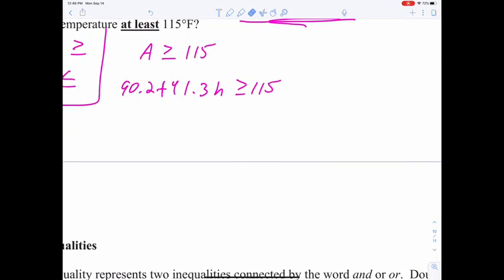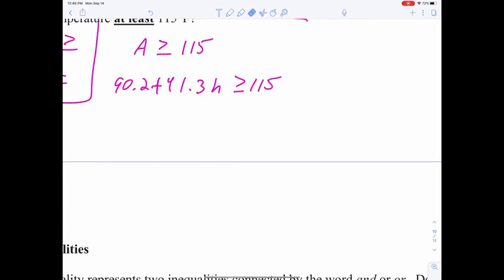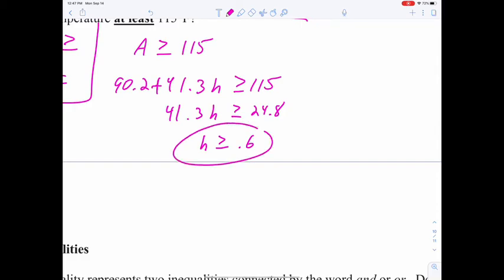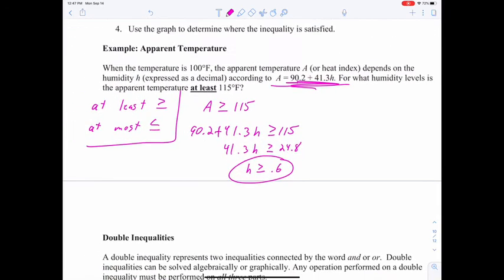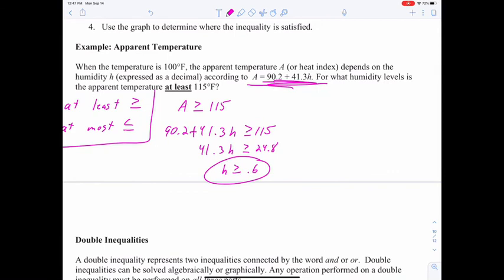All right, so we'll subtract 90.2 from both sides, which is 24.8. Divide both sides by 41.3. Since we're dividing by a positive, we do not switch the inequality around. So the humidity has to be greater than or equal to 0.6. Okay, and on this one, it doesn't say that there's a unit for humidity, so we can just leave it as 0.6.